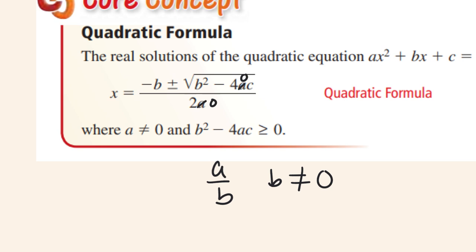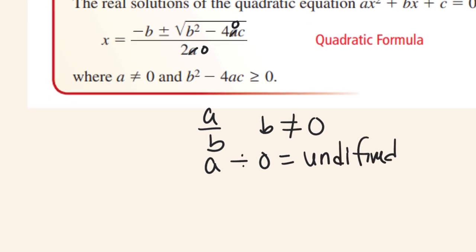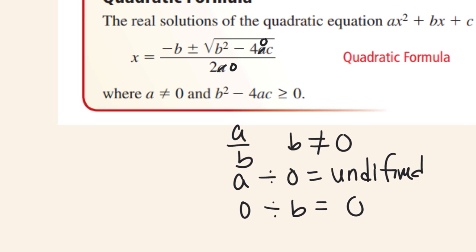A divided by 0 gives you an undefined number, but if we have 0 divided by b, we know that it's going to be 0. So therefore, anything divided by 0 is undefined, and that's why a cannot equal 0.